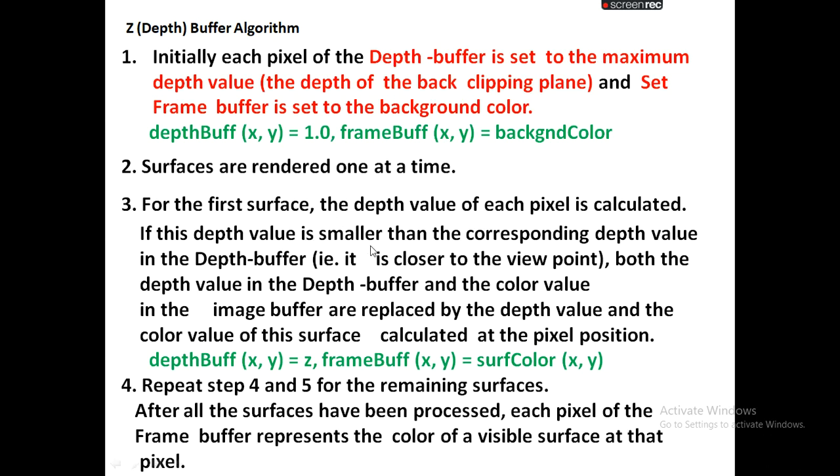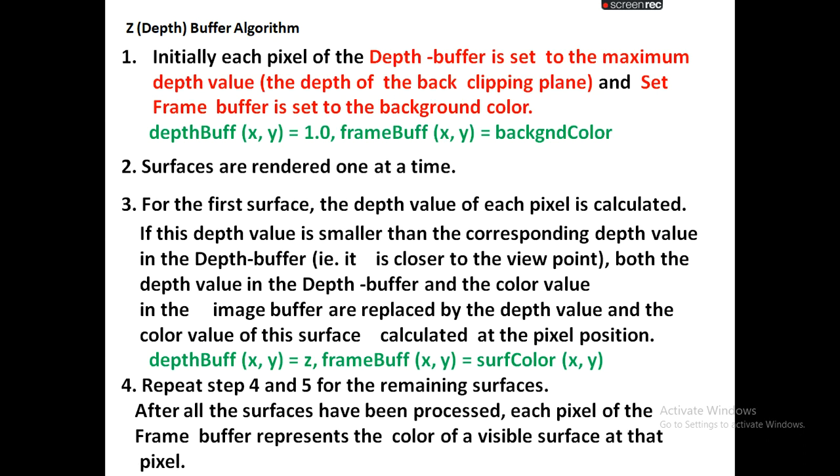Next, in step 3, the processor will update the frame buffer value also. Initially we initialized the frame buffer with the background color. When the processor is processing surface S1, wherever 0.1 is in the depth buffer, for those pixel positions in the frame buffer the processor will assign the red color only.